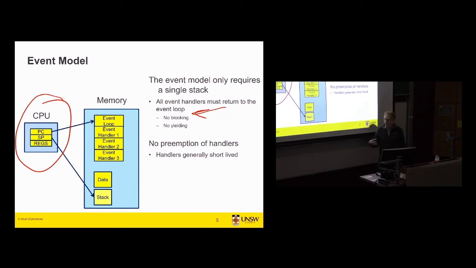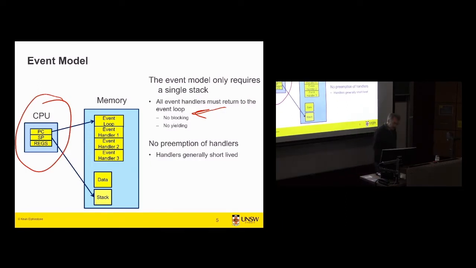So the event model is not going, issue a disk request and I'll wait for it to show up. No, you've got to return back to the event loop, and then you'll get an interrupt from the disk which generates a new event, and then somehow you'll match up the interrupt with the original invocation to satisfy the system call to read the disk.